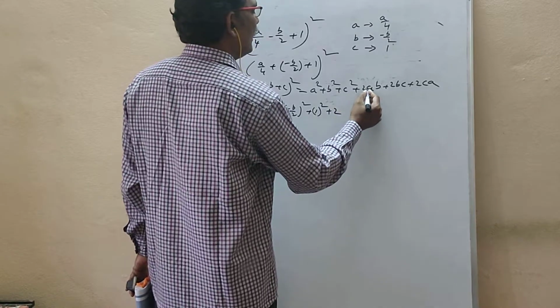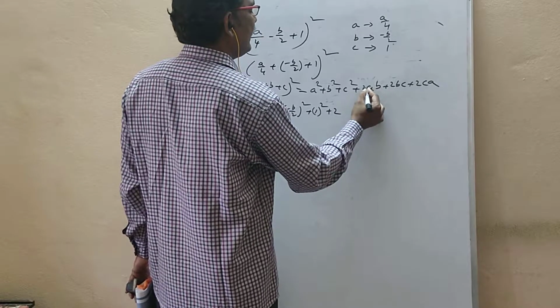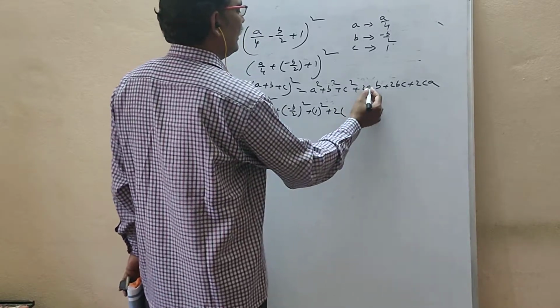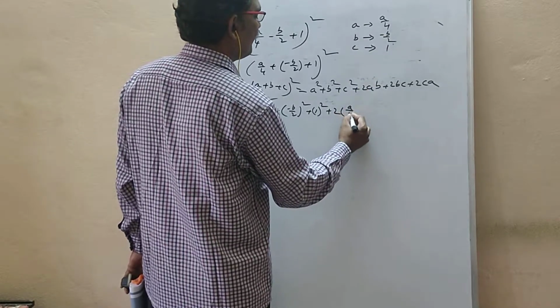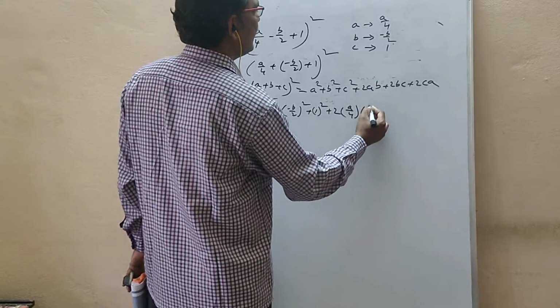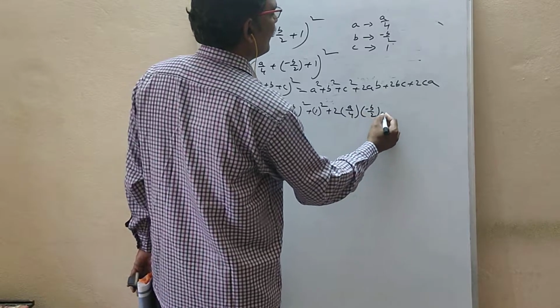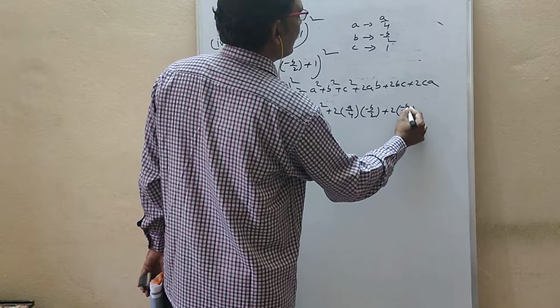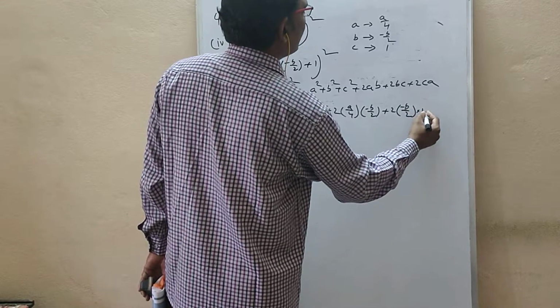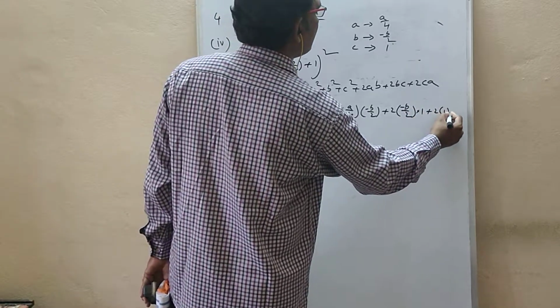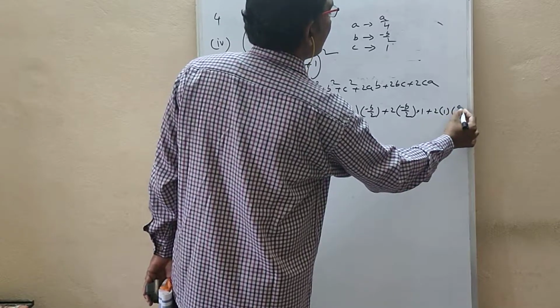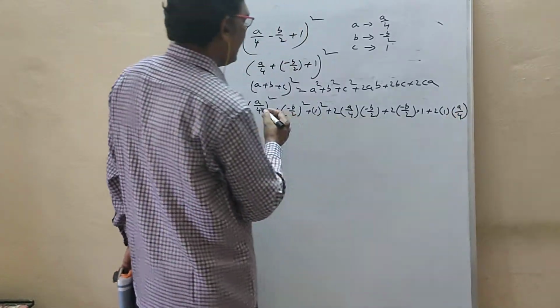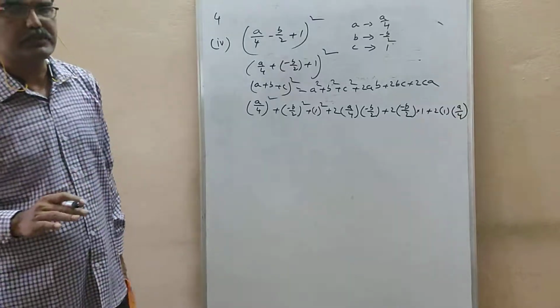Plus 2ab: between 2 and a there is no symbol, it means multiplication. a means a/4, b means minus b/2, c means 1. So what I did is I substituted the values, that's it.